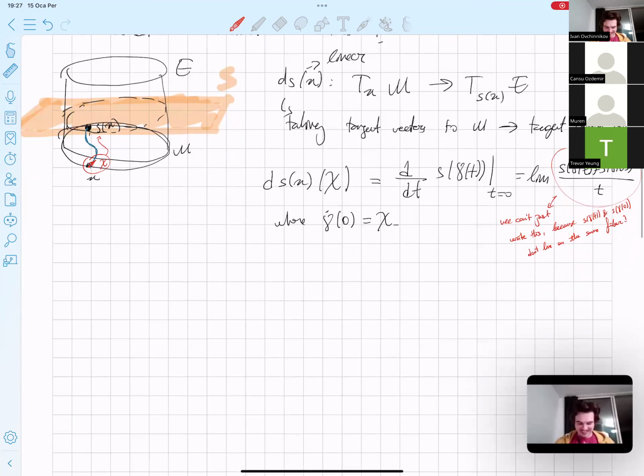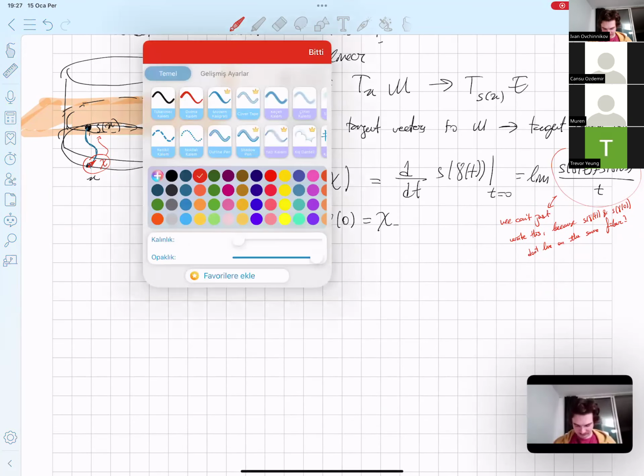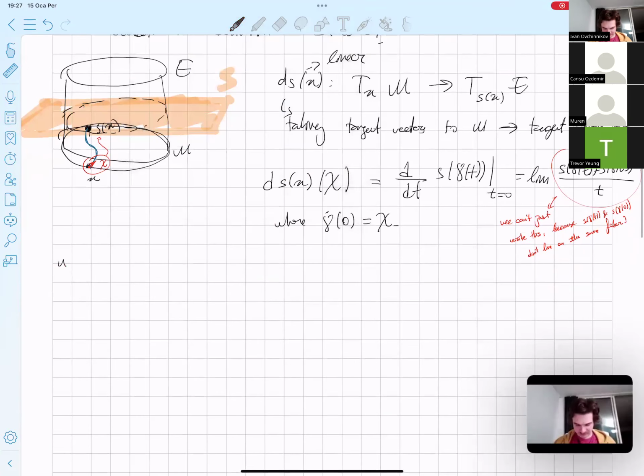So what we can see is ds, let me go back to black. You can see this dx as a map from this to this.